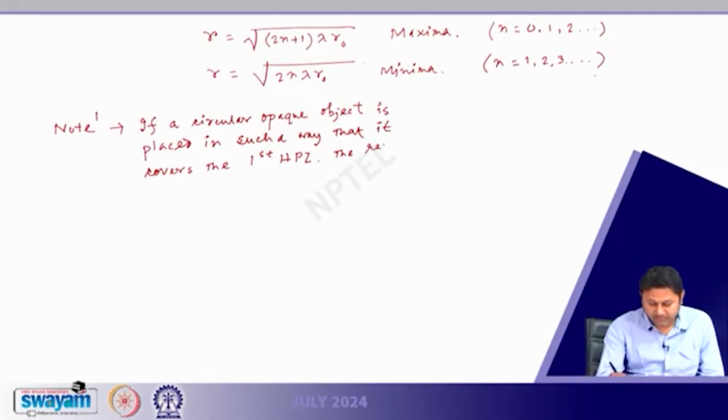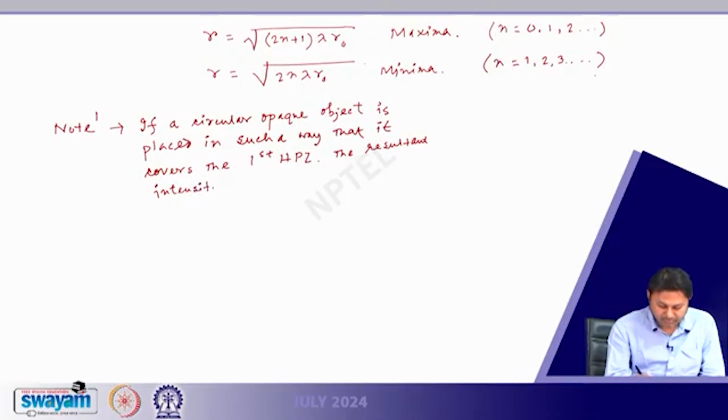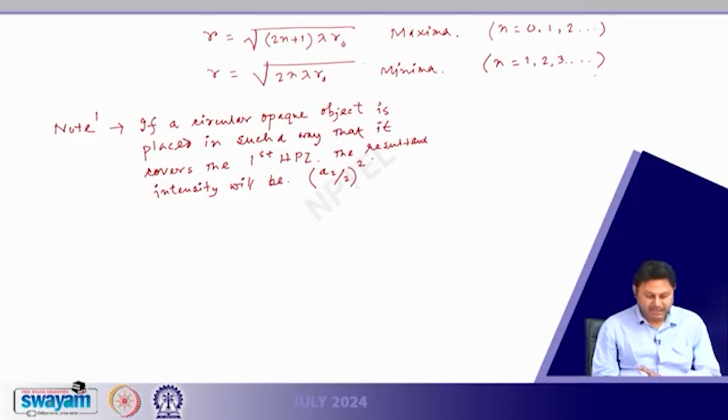the resultant intensity will be A2 by 2, because we already calculated earlier what should be the resultant intensity square. If everything is open, then we have a resultant intensity A1 by 2 whole square.